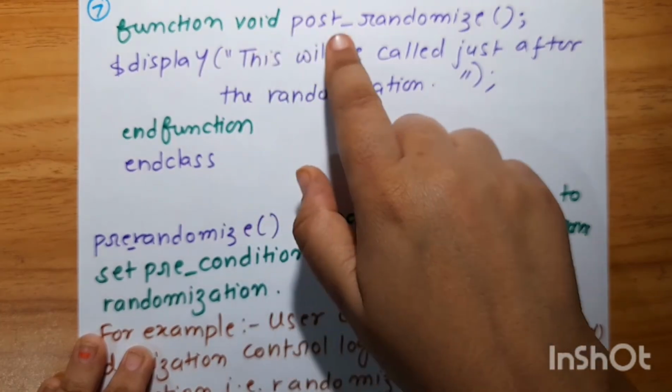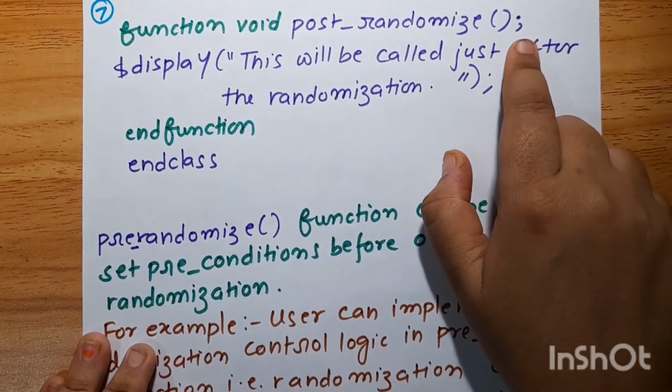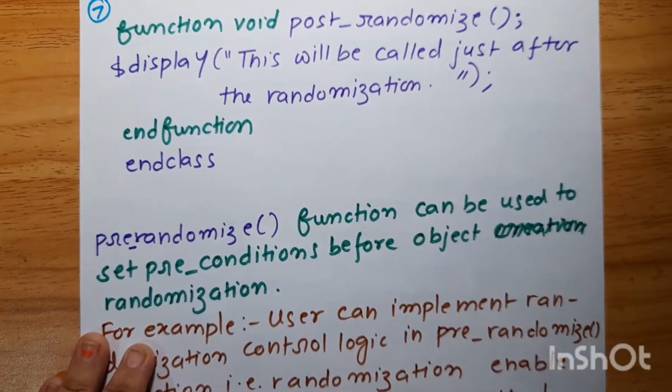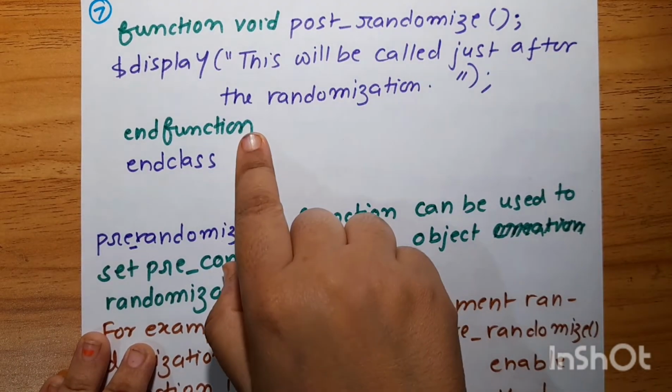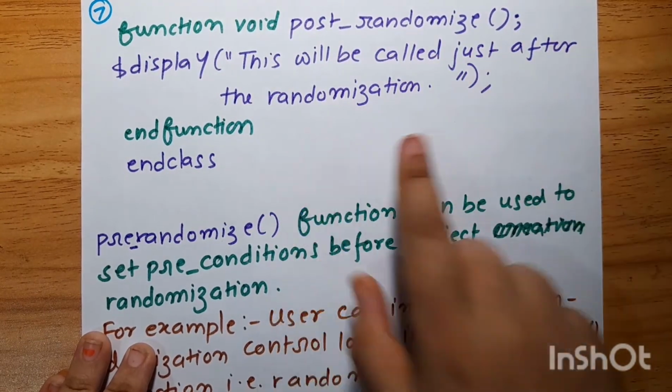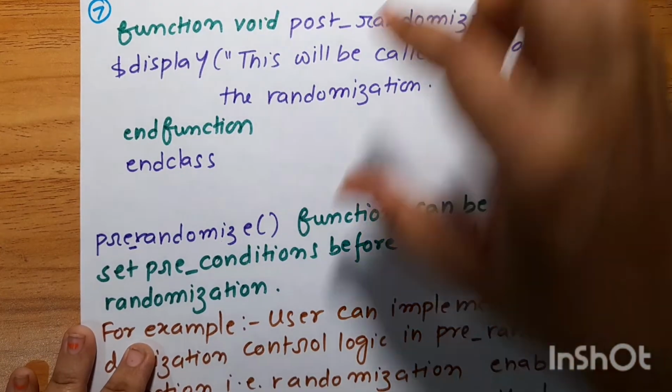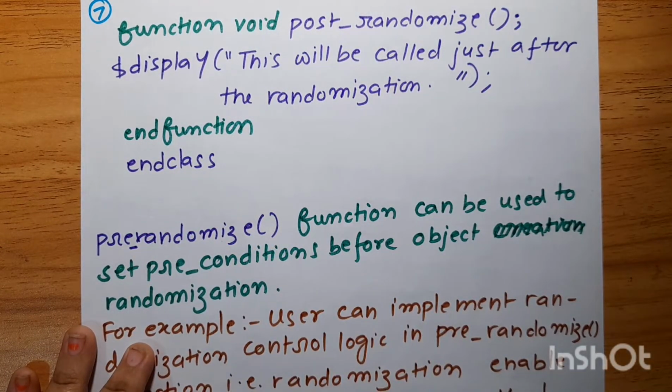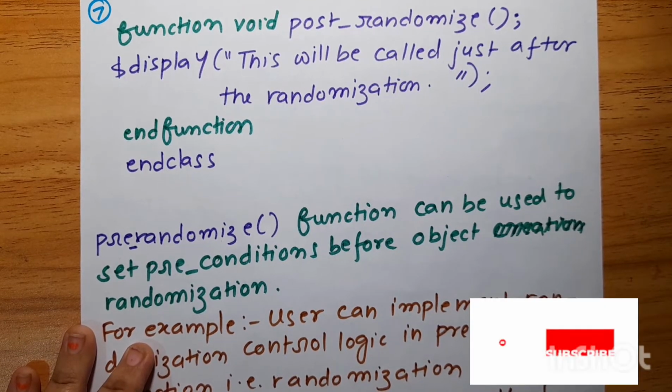Function void post_randomize; $display inside the function, and endfunction I have put. This will be called just after the randomization. Then endclass for the class packet. Okay, so I hope you are able to get a little bit of an idea of the pre-randomize and post-randomize functions, how they are called in the class, and how they are defined.